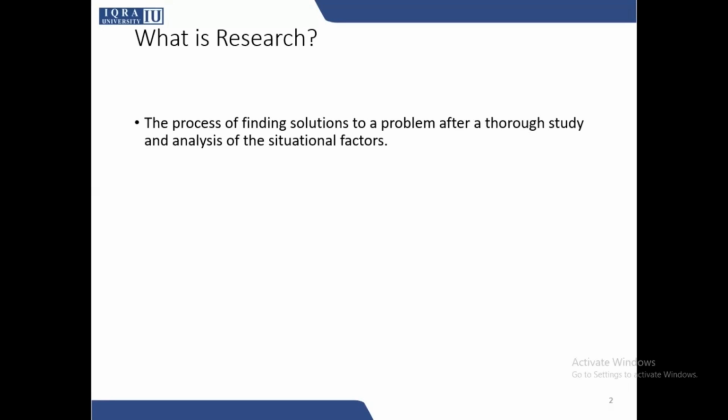So the process of finding solutions to a problem means that we always do research in order to find solutions for a problem. Maybe it is related to your organization, any industry, or to improve your knowledge, supporting your academic growth and intellectual growth. For driving innovation and creativity, we also do research. For advancing our knowledge, we also do research.